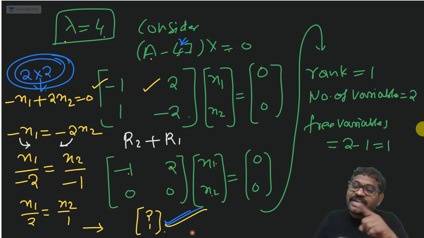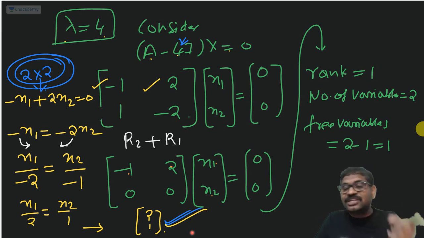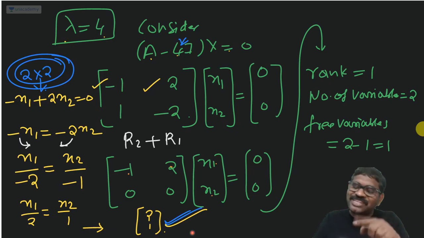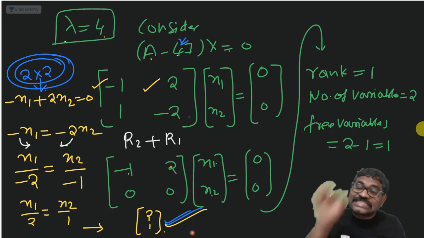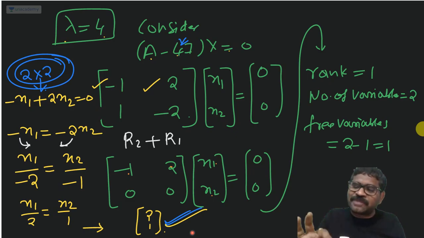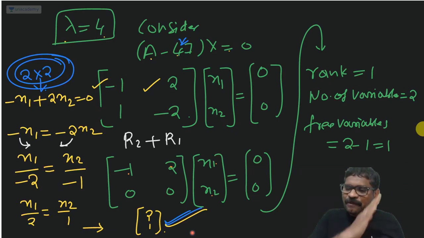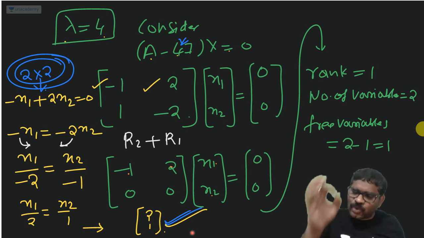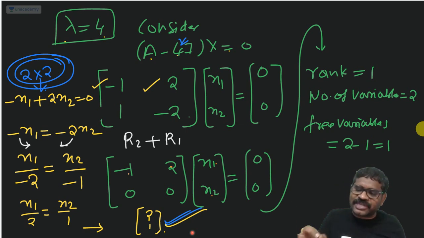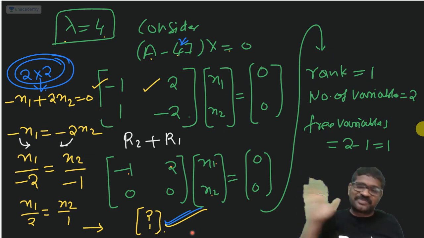So the GM and AM of each eigenvalue are 1, equal. In any problem, if AM equals GM for each eigenvalue, that matrix is 100% diagonalizable. The process of diagonalization and how to diagonalize a matrix we will discuss after completion of the Cayley-Hamilton theorem.